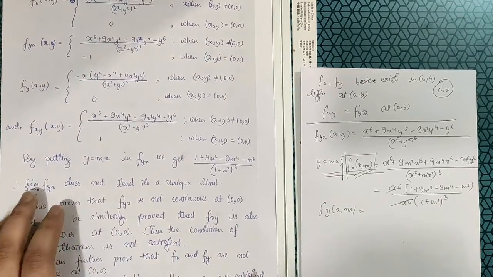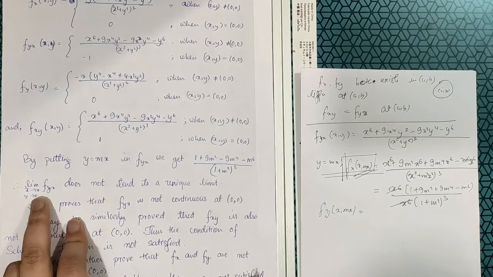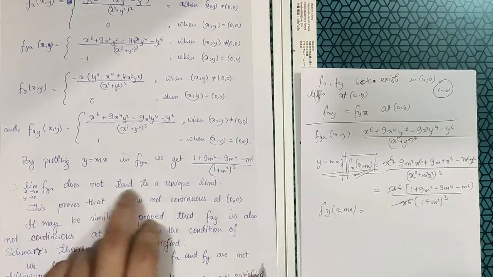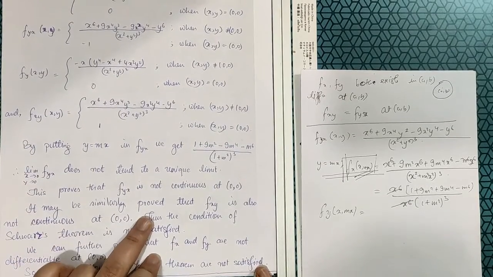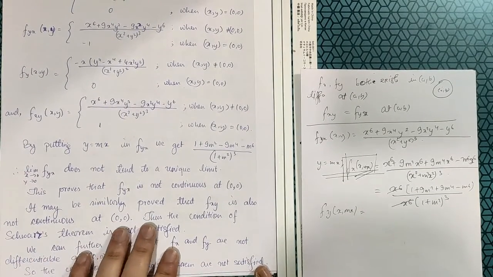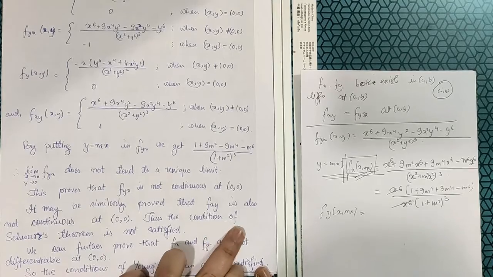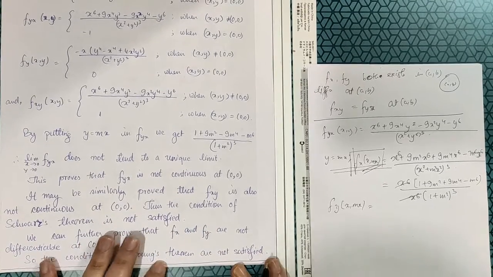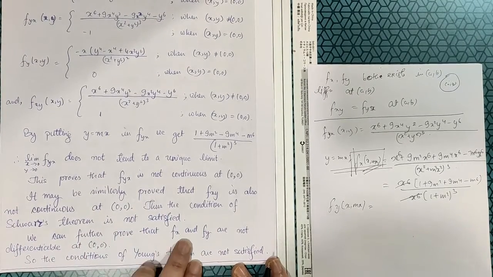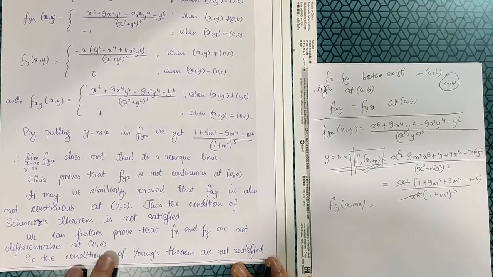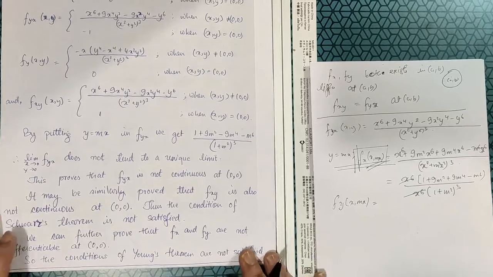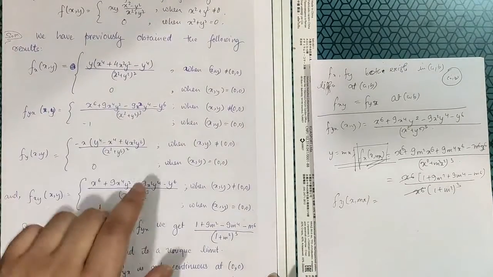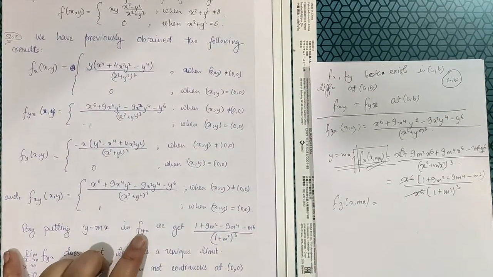So we see that f_yx is not continuous, and similarly f_xy is not continuous. Thus the condition of Schwarz's theorem is not satisfied. We can further prove that f_x and f_y are not differentiable at (0,0), so the conditions of Young's theorem are not satisfied. But we had previously seen that except for the point (0,0) these were equal.